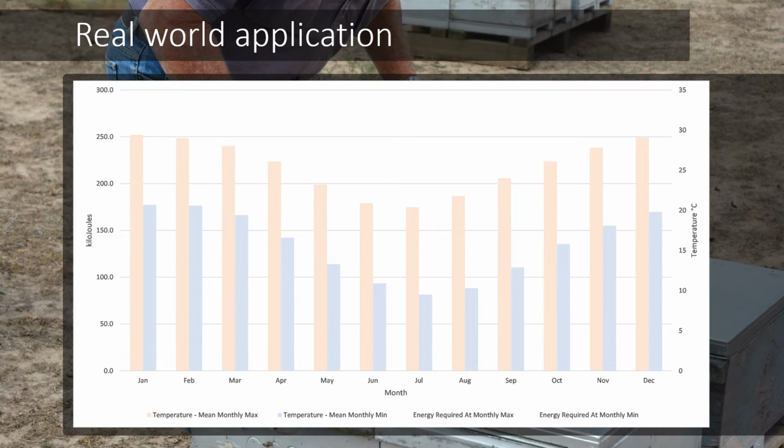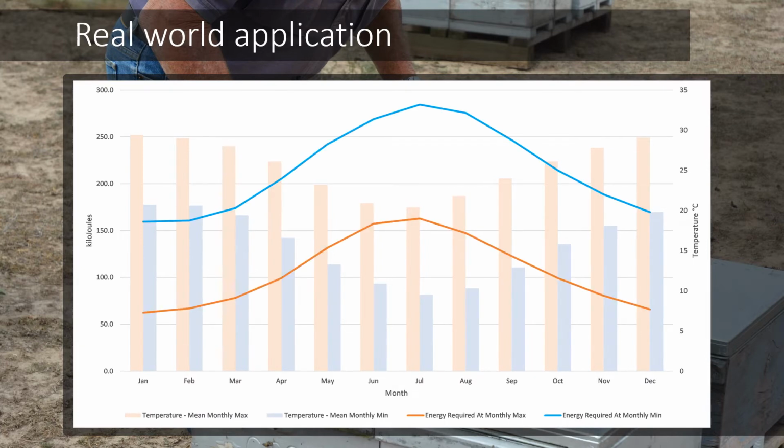If we then plot the energy required to heat up a super from 15 degrees on each of these days, as shown as the blue line for the cold days and the red line for the warm days, you can see there is quite a difference in the amount of energy required to heat up that super. In fact, it's 3 times more energy. Right? So that could be a lot of foragers out collecting you some nectar, making you some more honey, or going out to do a pollination job.